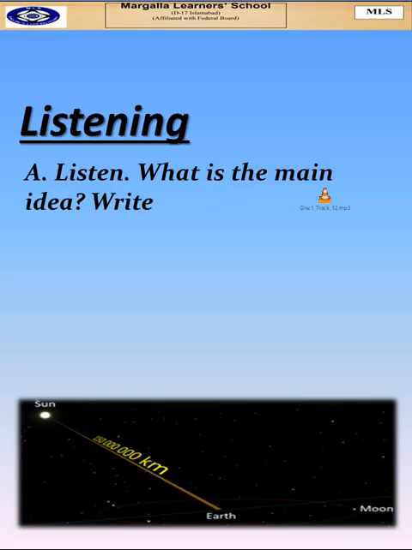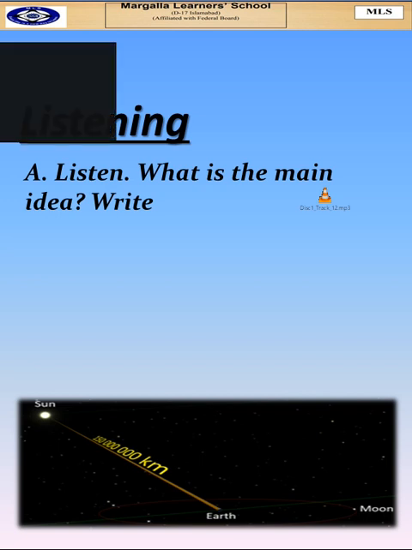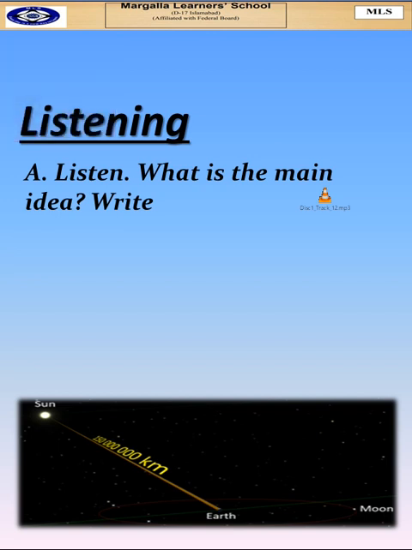Page 22. Listening. A. Listen. What is the main idea? Write. And now a report from our science editor, Sharni Kapoor. Just how fast is the speed of light? Well, the light from the sun takes only 8 minutes to reach the Earth.